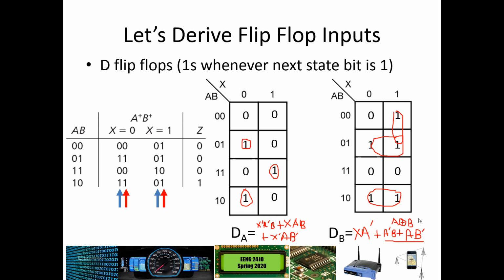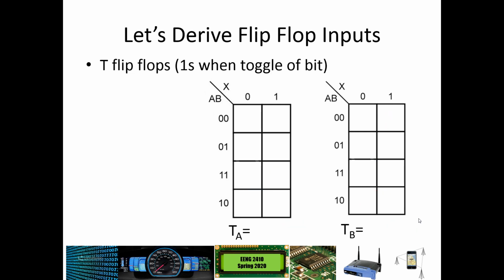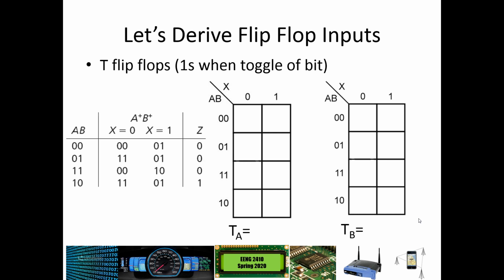Now let's see what it would look like if we were to implement it with T flip-flops. So if we go over here to T flip-flops, now we're going to use the same table. And remember, with T flip-flops, we're looking at our current A relative to our A plus, and if anything changes value, then we're going to put a 1 into T. And if it stays the same, we're going to put zeros.